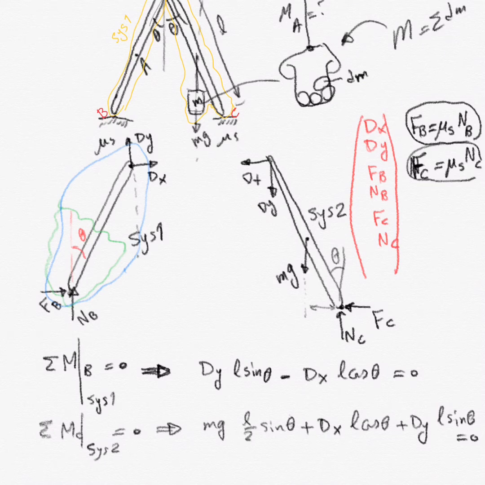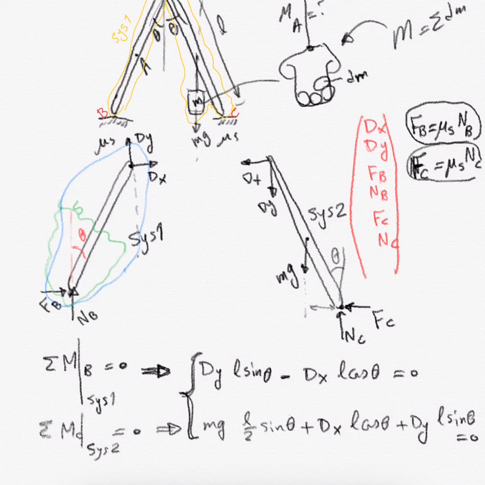So these two little things simply give you two equations for two unknowns, dx and dy. And now I have my plan. Once I get dx, dy, then I immediately go to system 1, the green system, the cut system, you see? Let's call this system 3.